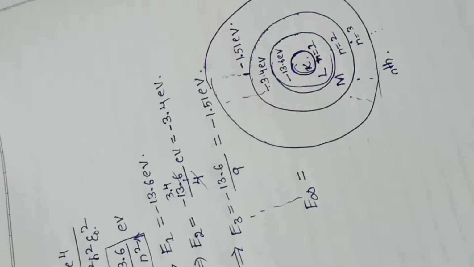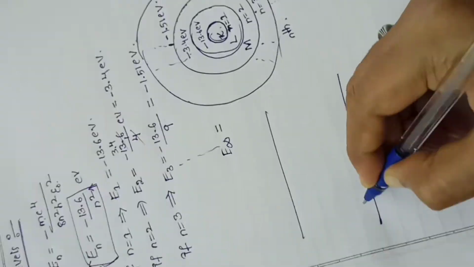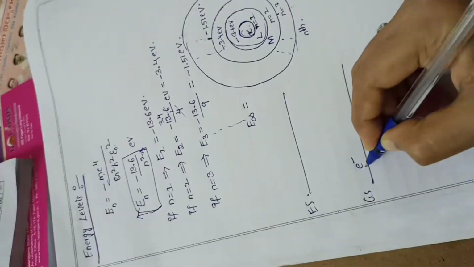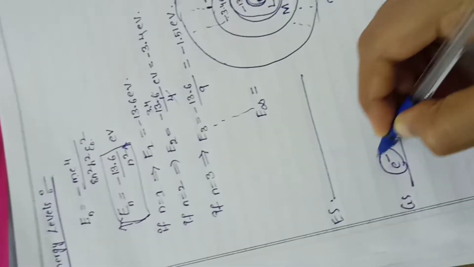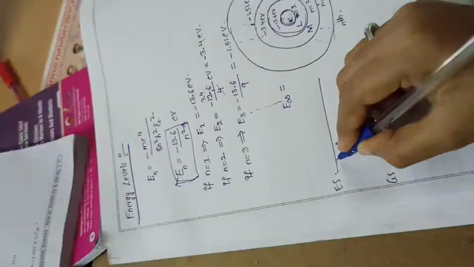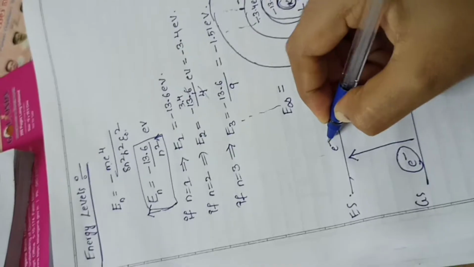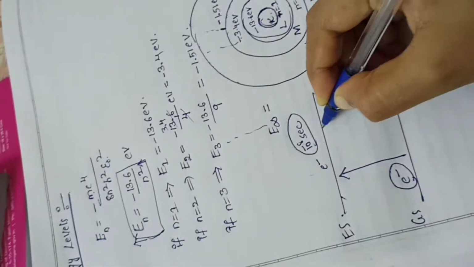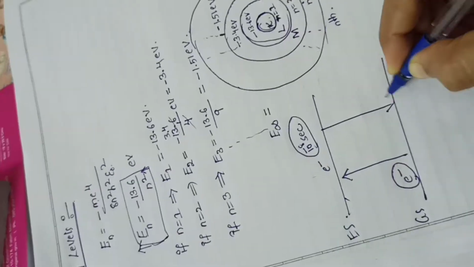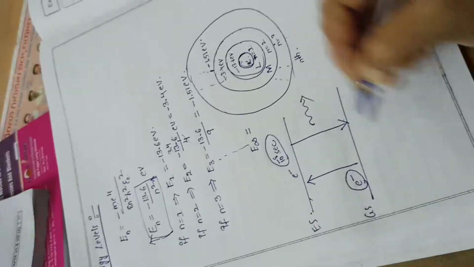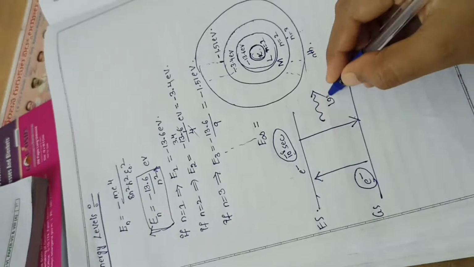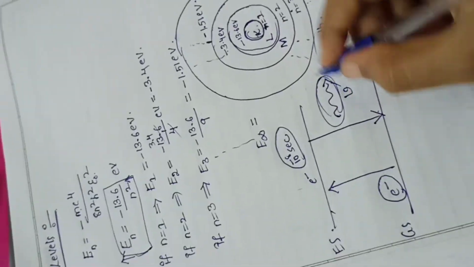In this case, the electron will emit some radiation, right? It stays in the excited state only for 10 to the power of minus 8 seconds. After that, the electron comes back to its original state by emitting radiation.